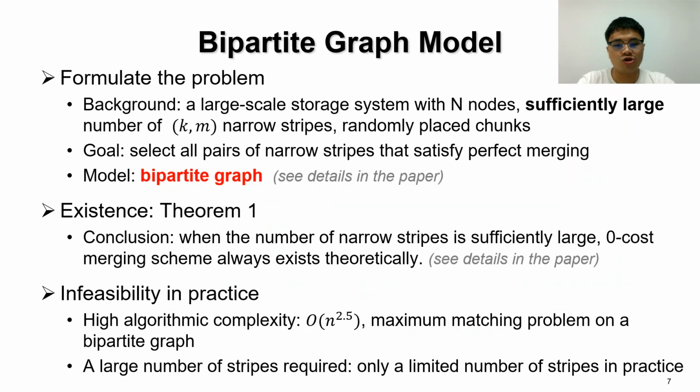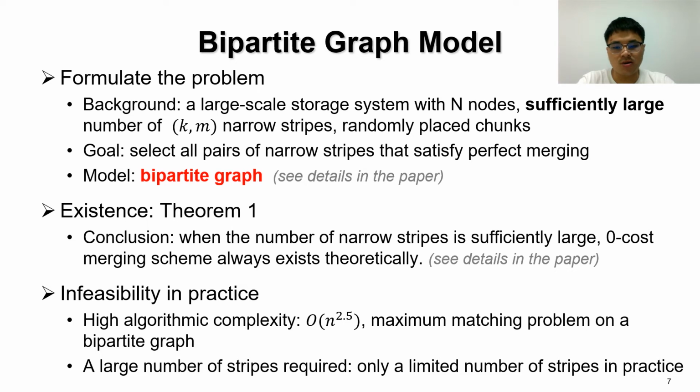The model comes first. We formulate the wide stripe generation problem by bipartite graph modeling. The details will not be presented today, but one thing we can see is that when the number of narrow stripes is sufficiently large, a zero-cost merging scheme also exists theoretically.